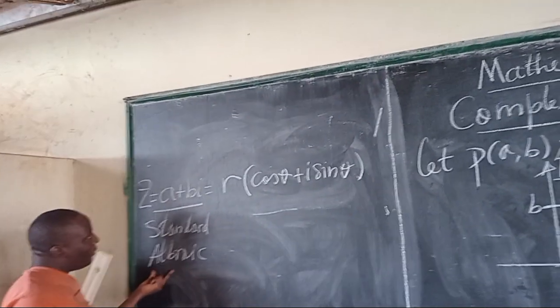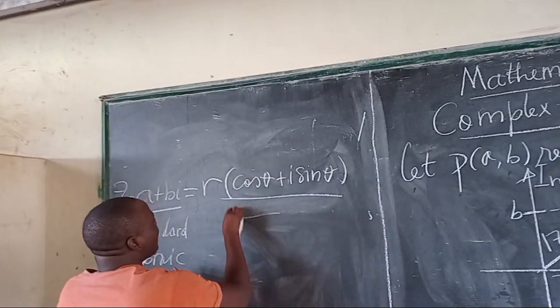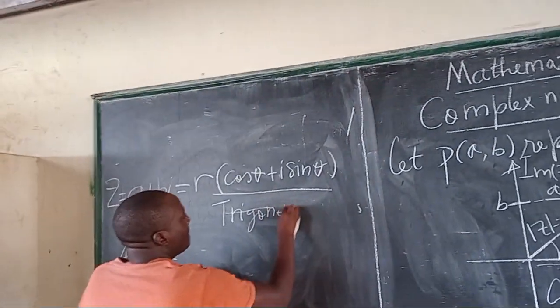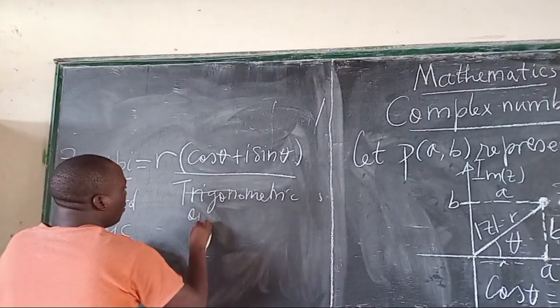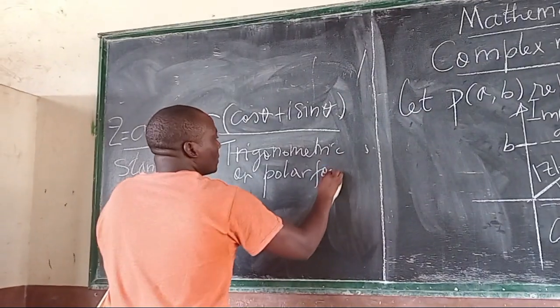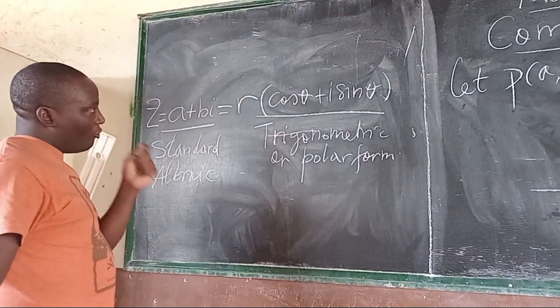Then this form is equal to this one in trigonometric or polar form. When we say trigonometric, it is the same as polar form.